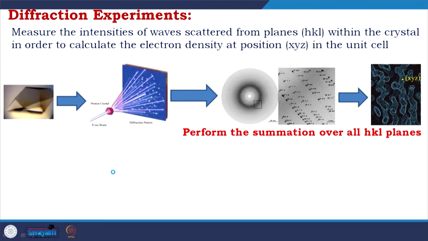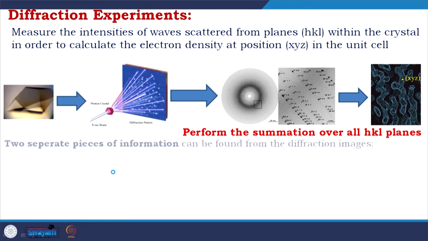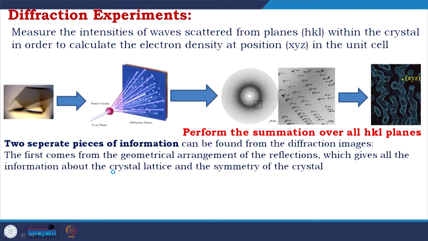So, we perform the summation over all HKL planes. What we get from our diffraction experiment is two separate pieces of information. The diffraction image gives us the first information, which is the geometrical arrangement of the reflections, giving all the information about the crystal lattice and the symmetry of the crystal.